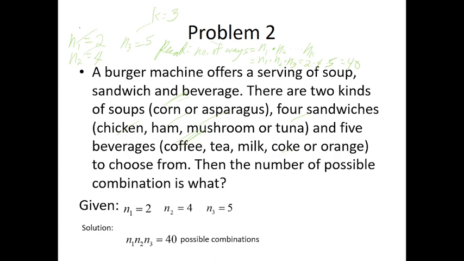Then corn, chicken, tea, fifth. Corn, ham, tea, sixth, and so forth until we reach the 40th, which is asparagus, tuna, and orange. That's it. So this is the shortcut using the fundamental principle of counting rule.